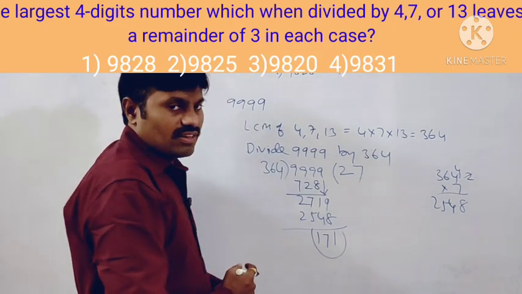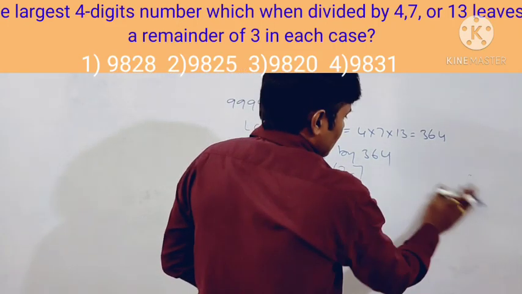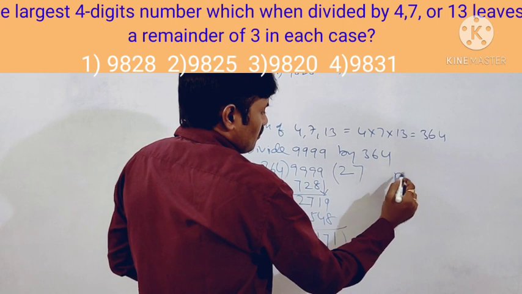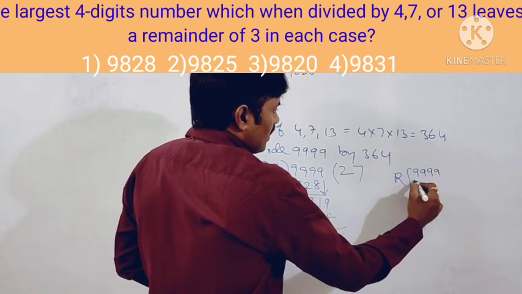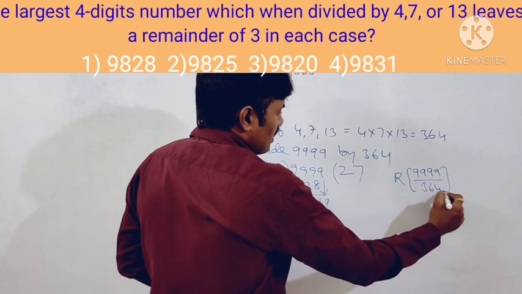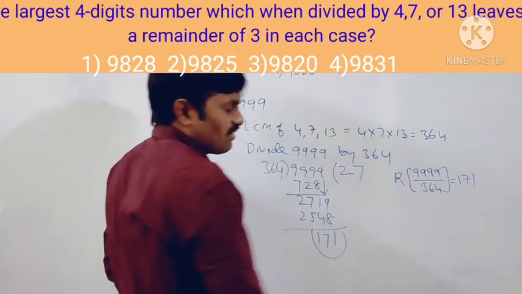The remainder is how much? 171. So when we divide 9999 by 364, we got the remainder 171.